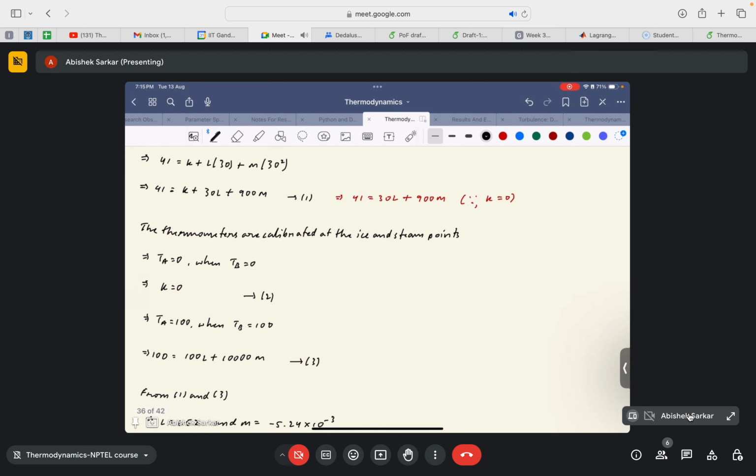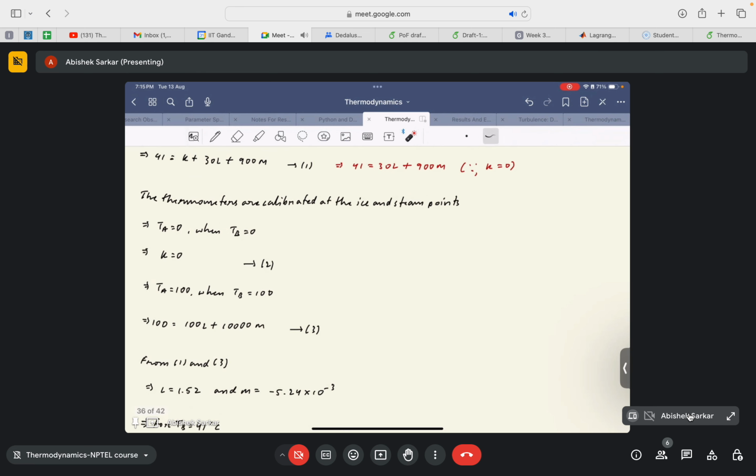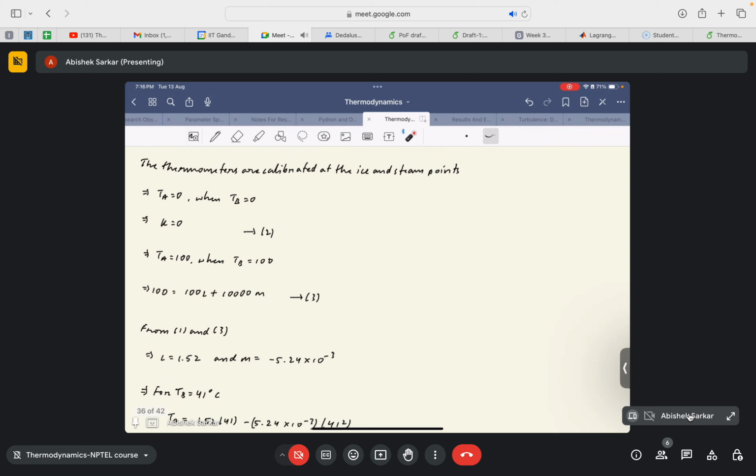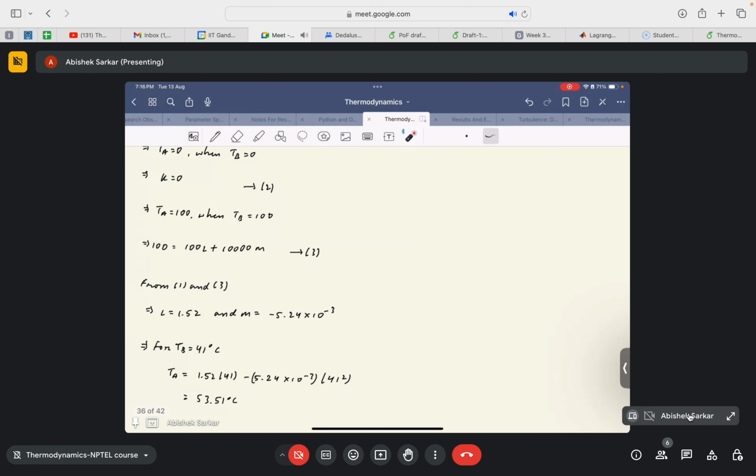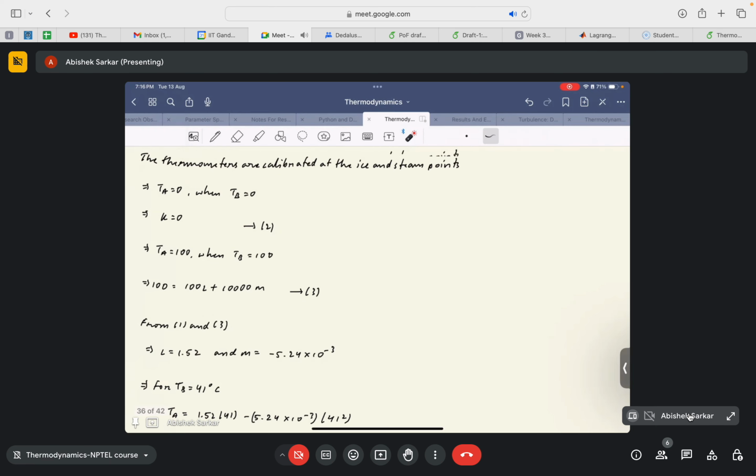Once you solve equations 1 and 3, you get L as 1.52 and M as minus 5.24 times 10 to the power minus 3. K is equal to 0, which we already found from the first relation.